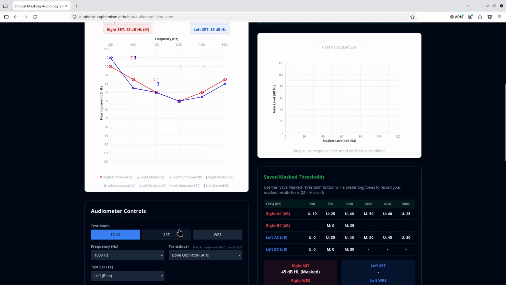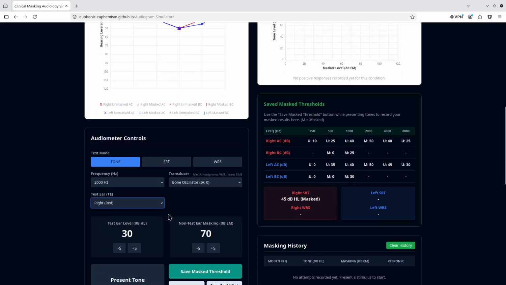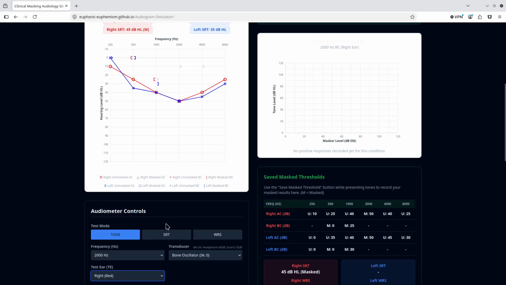Now 2,000 hertz. Very likely going to be an air-bone gap in at least one of the ears. So let's go ahead and see what's going on at 2,000 hertz here. We'll start with the right ear, starting our threshold at 10 dB.